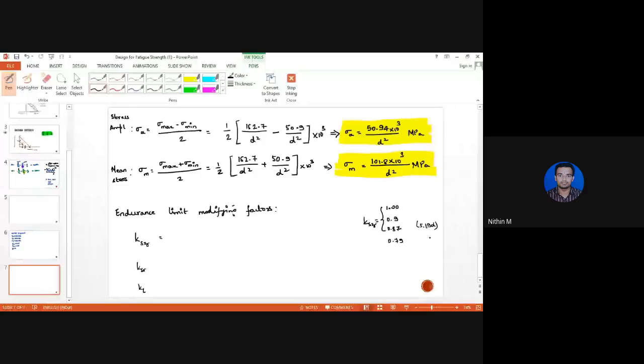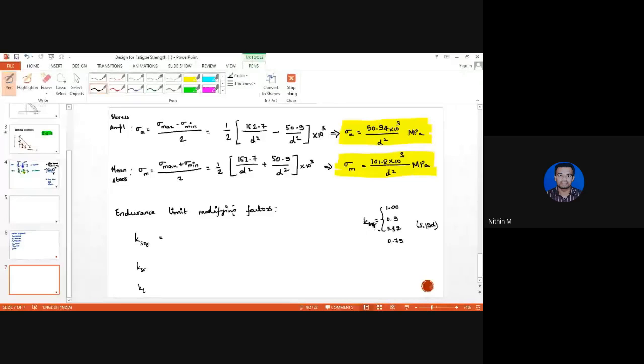ಸರಿ ಸರಿ, this is surface factor I am telling, which is 5.19 G. ಸಾರಿ, 5.19 G ಇದು ಸಿಕ್ಕಿದೆಯಾ ಎಲ್ಲರಿಗೂ? Did everyone get it?